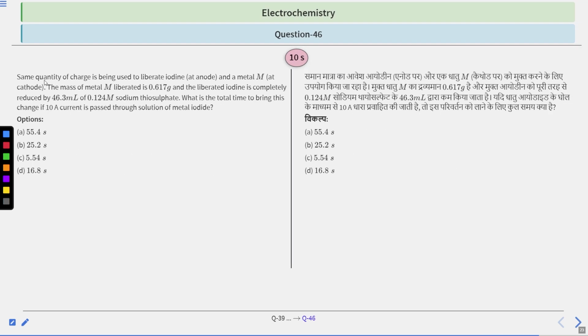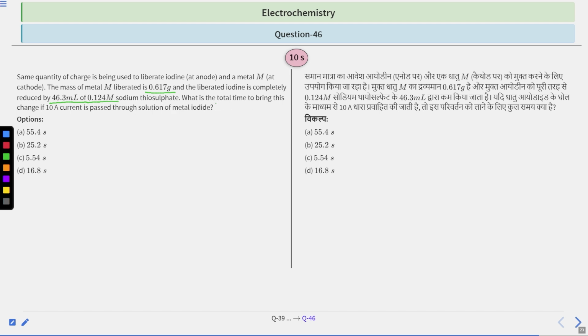Question number 46. The same quantity of charge is used to liberate iodine and a metal. The mass of metal liberated is 0.617 gram, and the liberated iodine is completely reduced by 46.3 milliliter of 0.124 molar sodium thiosulfate.